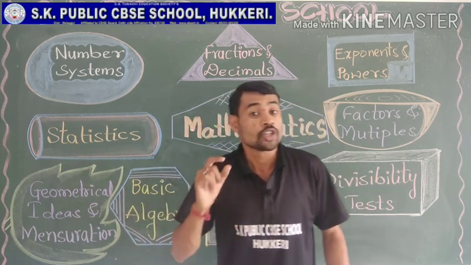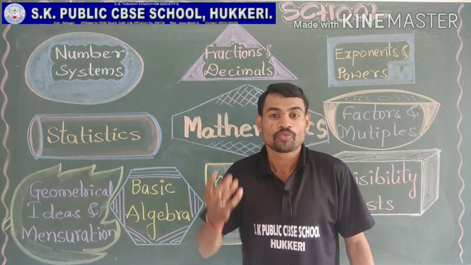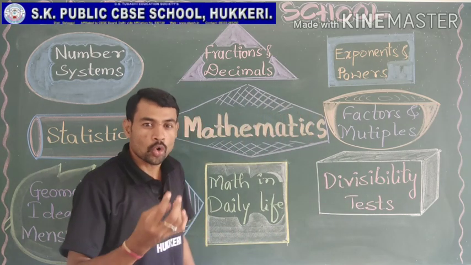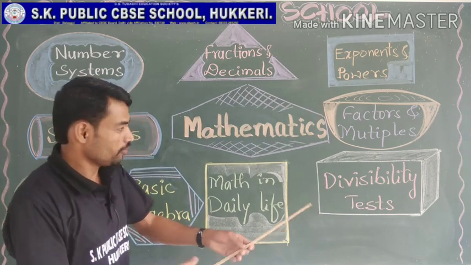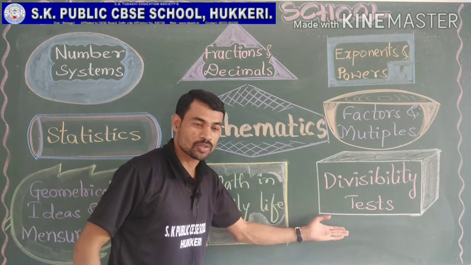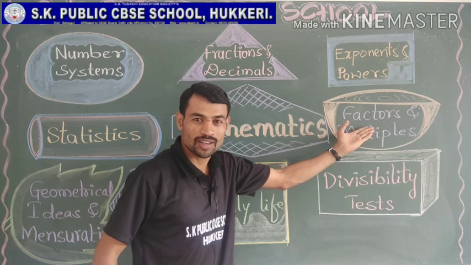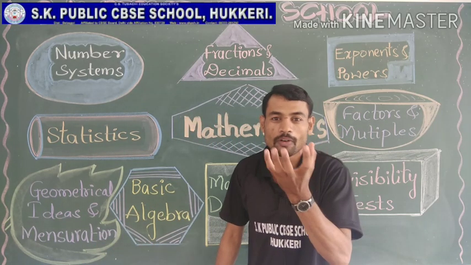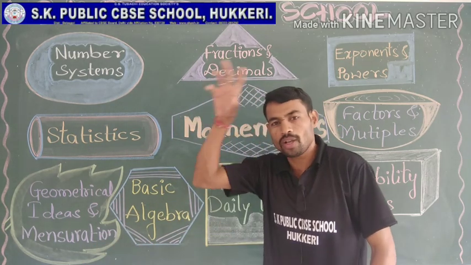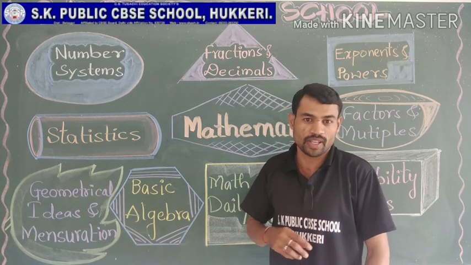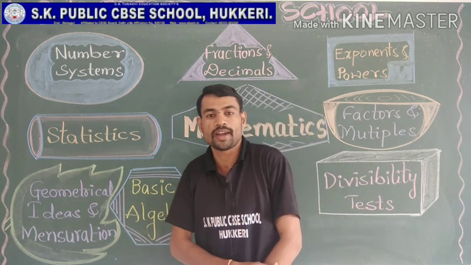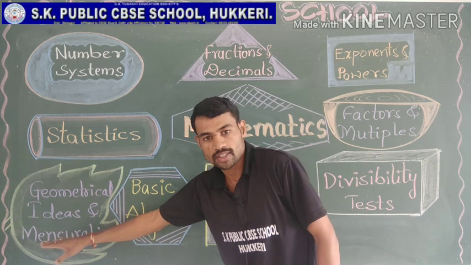Those are called solid shapes: cube, cuboid, cylinder, cone. Here you can see those diagrams also. We have constructed this, a cube. Hemisphere, which means half of the sphere. Their surface areas and volumes we can find by using this chapter.